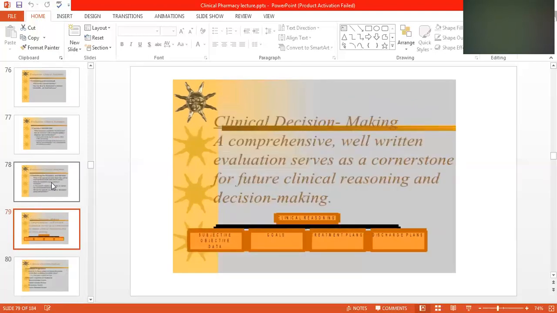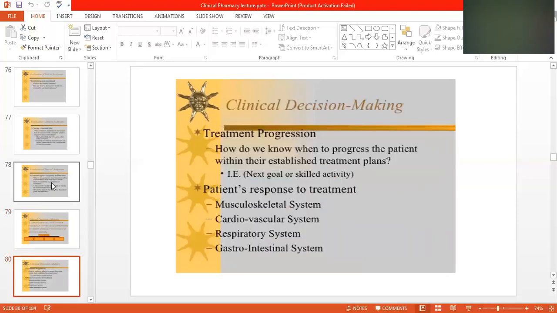Clinical decision making: a comprehensive, well-written evaluation serves as a cornerstone for future clinical reasoning and decision making. Treatment progression: how do we know when to progress the patient within their established treatment plan, that is, to the next goal or skill activity?